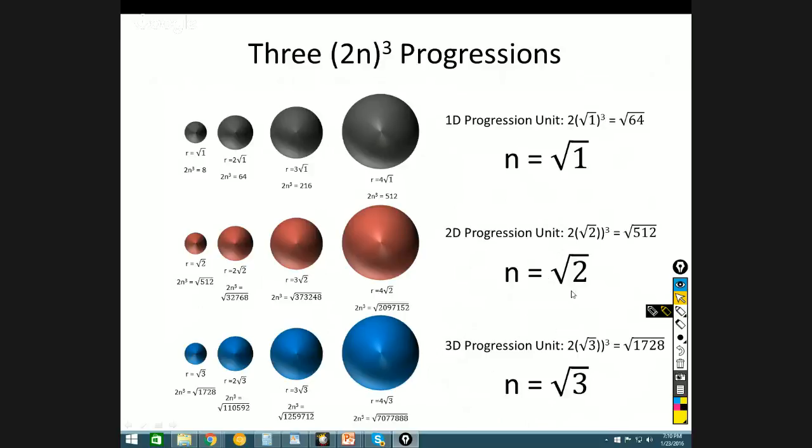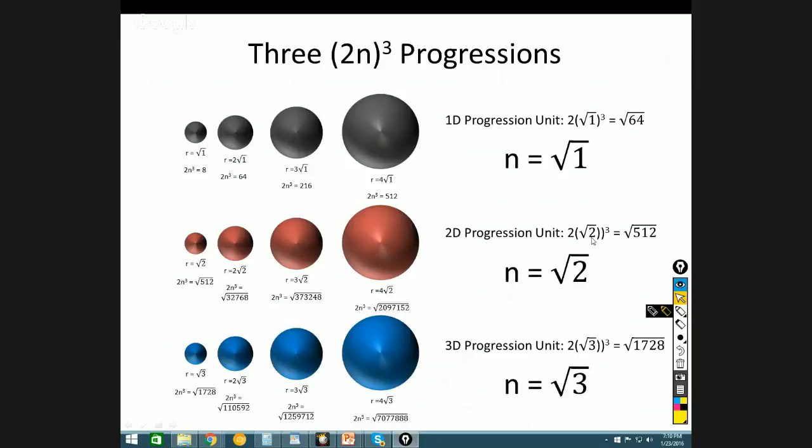But there are these other 2, the red here and the blue depicted, where the red is the square root of 2. So if we substitute that unit into the progression series, where n now becomes 1 times the square root of 2, and then 2 times the square root of 2 when it doubles, and so on, then where we begin is the square root of 512.